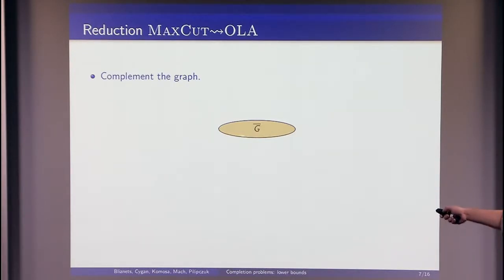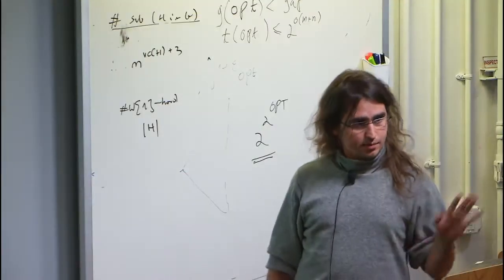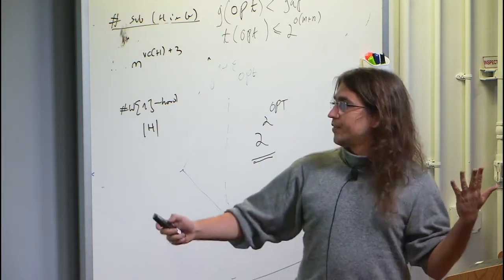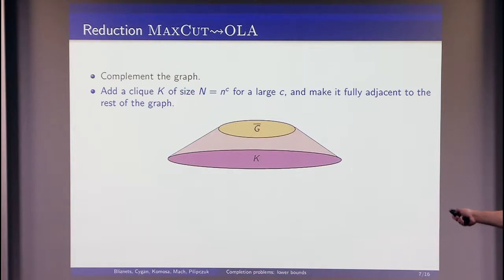So I take an instance of MAXCUT, this is a graph, and I take its complement. Then I add a huge clique of polynomial size, some n to the c for a large number c. This clique is fully adjacent to all the vertices in the complement of the input instance. And this is the whole reduction.